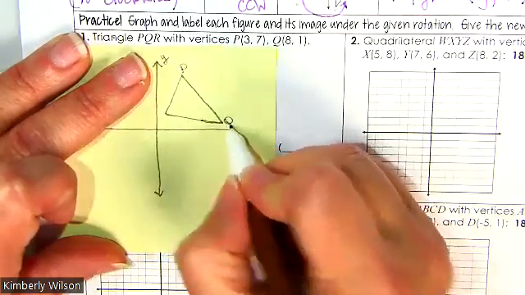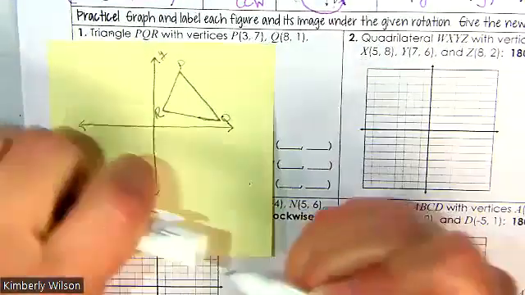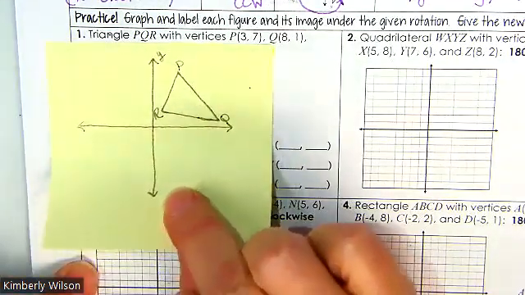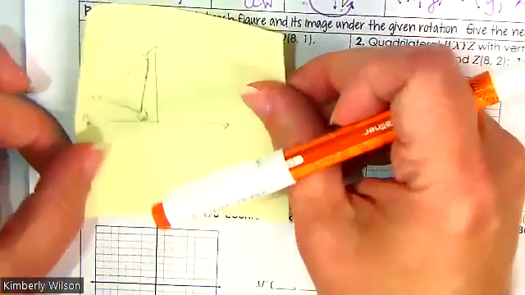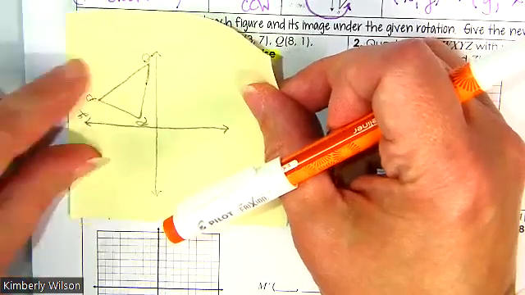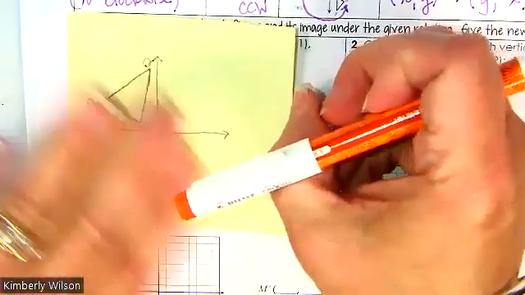This is P, Q, R. Now, what's going to happen is I am taking my shape and I'm going to rotate it 90 degrees counterclockwise. That means I'm going to pick up my paper and my Post-it note, and I'm going to turn it 90 degrees this way. And then I'm going to line up so that the y-axis is now on the x-axis and the x-axis is now the y-axis.